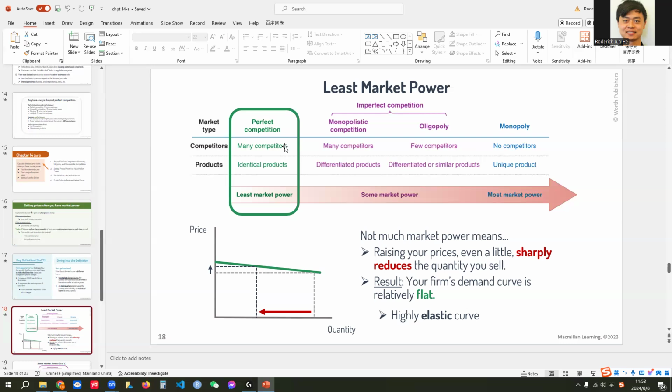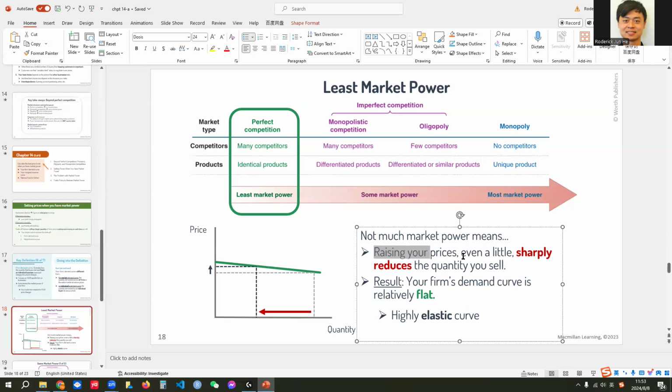Then what happens? If you raise your price, they can go elsewhere. They don't care about who is the producer. As long as it's a pencil, they're going to use it, right? So that's basically the idea. Then the consumers are very elastic, and therefore this demand curve is very flat.